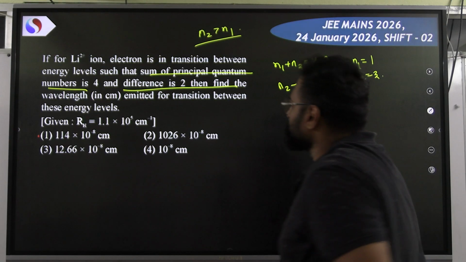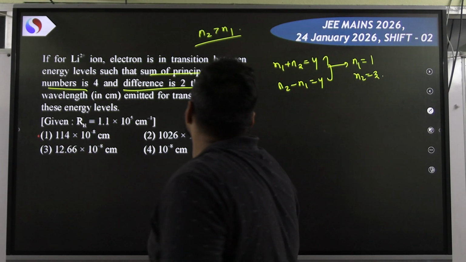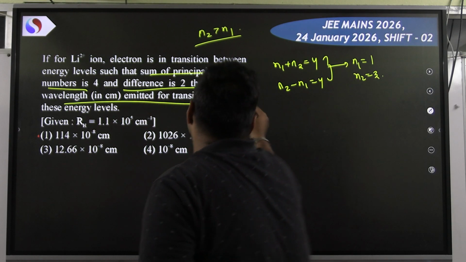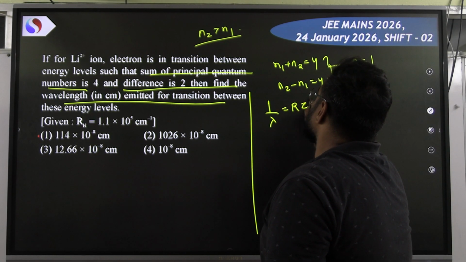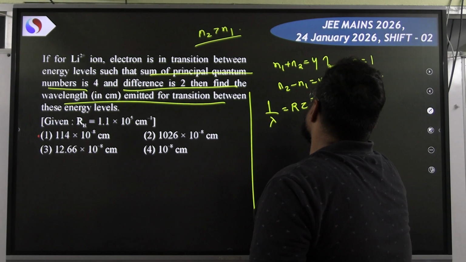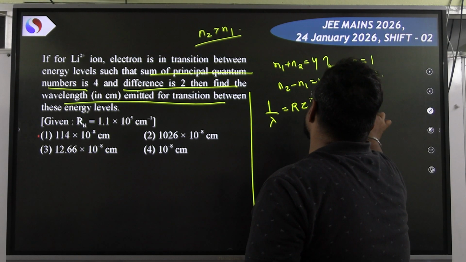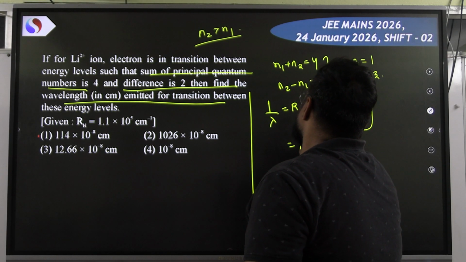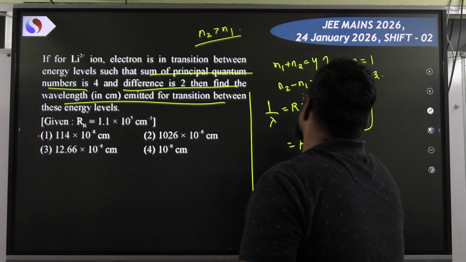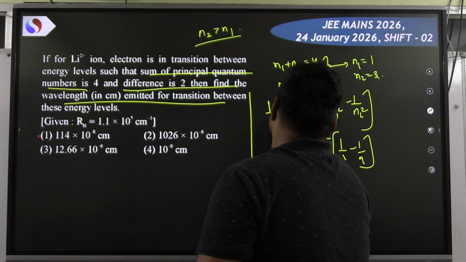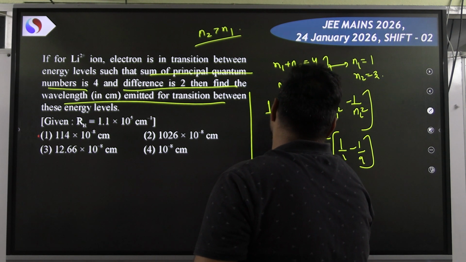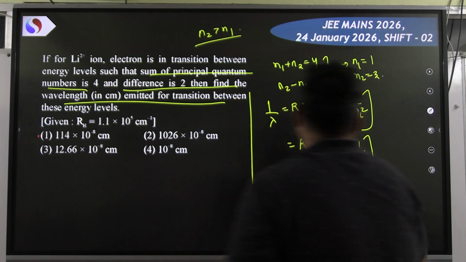Now what is the question asking? Find the wavelength. So apply 1 upon lambda is equal to R Z square (1 upon n1 square minus 1 upon n2 square). Keep R as R, 3 square into (1 upon 1 minus 1 upon 9). So 1 upon lambda is equal to how much? 9R into 8 by 9.